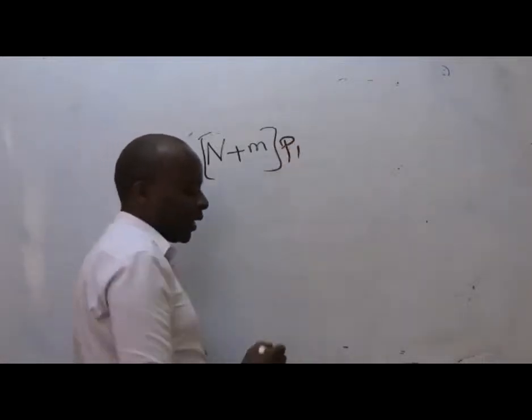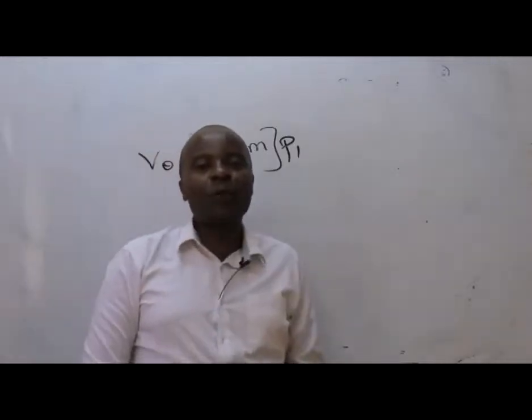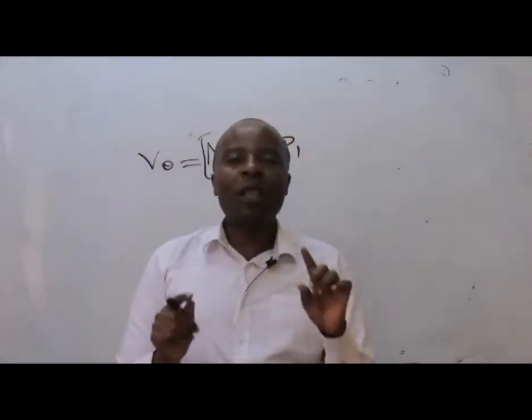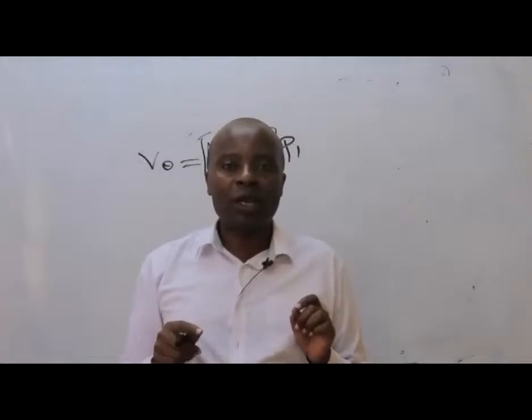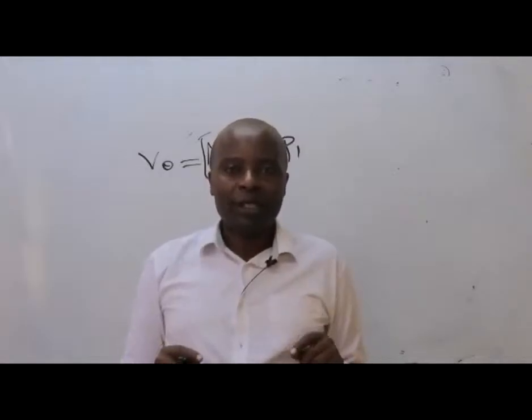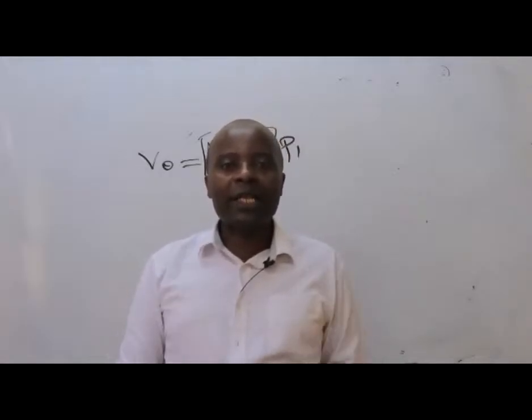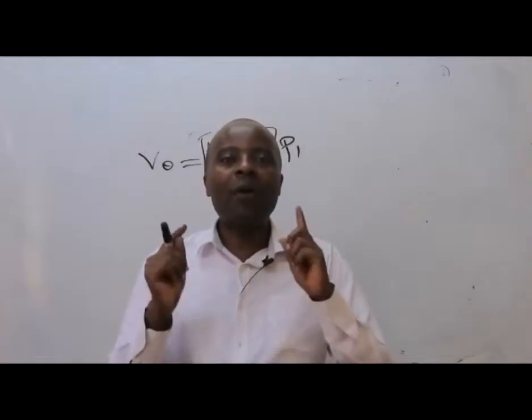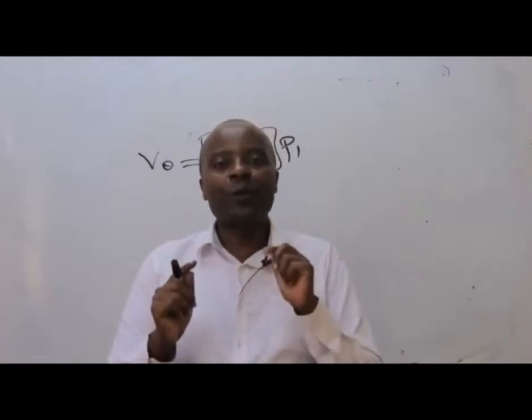Once I do it that way, I will have gotten what we call market capitalization. What is the market capitalization arising out of here? Our equity shares. It's a form of equity.